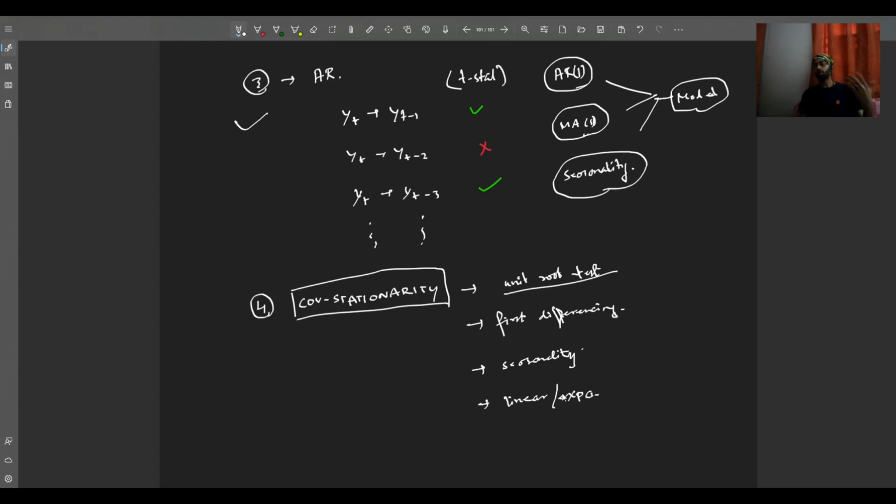You do the unit root test and you find out that yes, there is non-stationarity in the model. If that is the case, then you move to these steps: first differencing, if it's an AR1 model for example, seasonality checks, linearity and exponential checks. All these checks you do once again, right? Once you have corrected for non-stationarity, we move on to step 5.